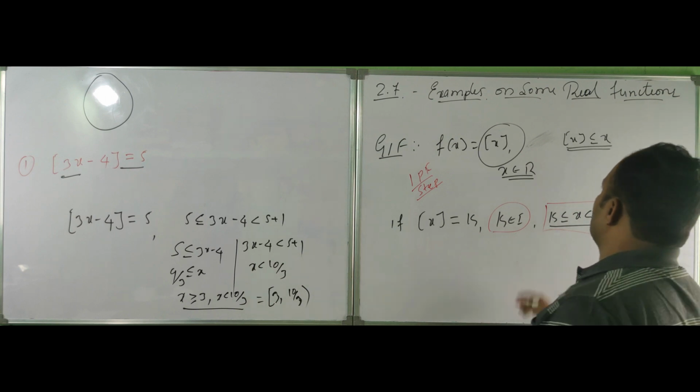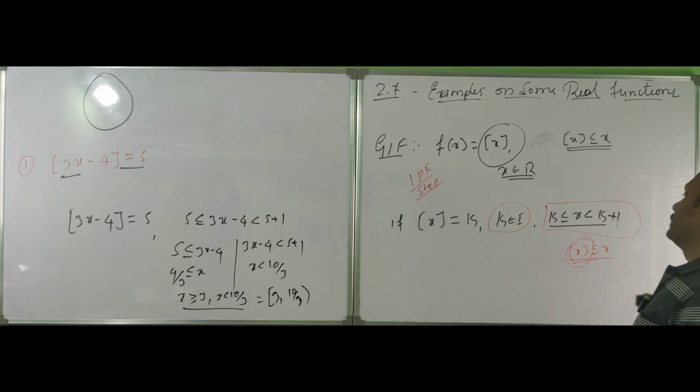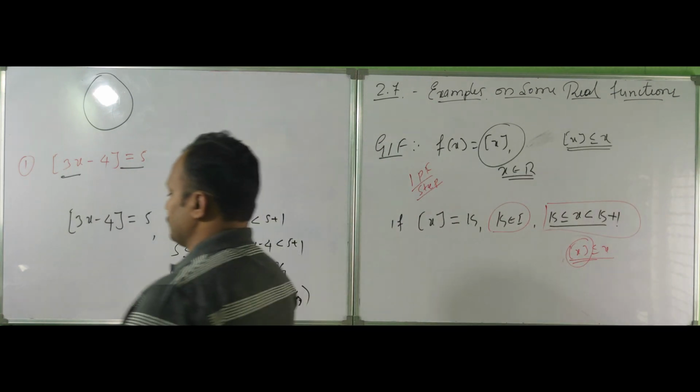You can write this one only: [x] is less than or equal to x. So this value should be k, or less than k plus 1 only.